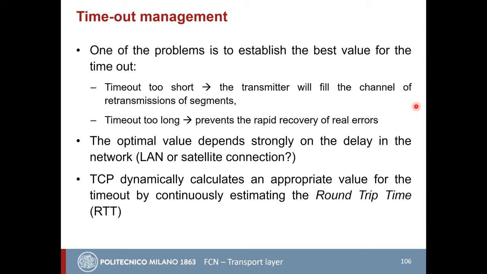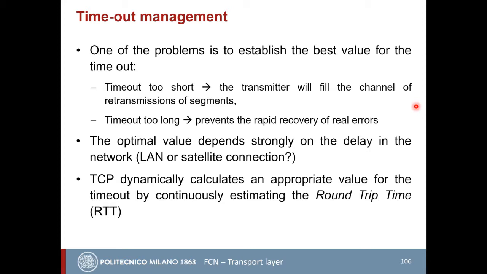So the round trip delay is changing, and the solution, in order to match the timeout to the correct time, is to continuously measure the round trip time. The round trip time is estimated by the sender, even without any need of communicating with the receiver.